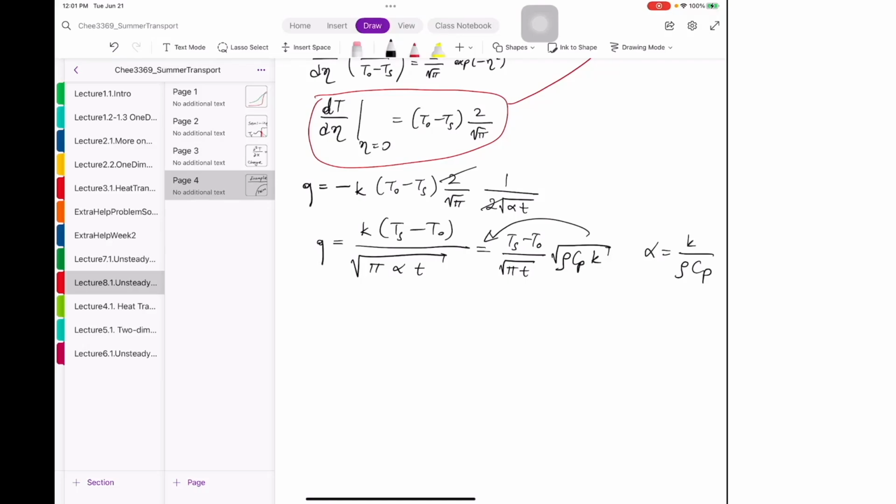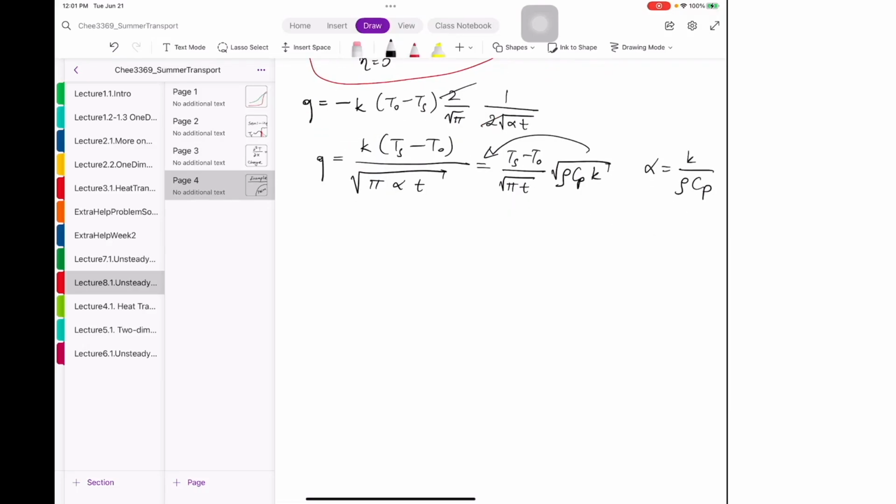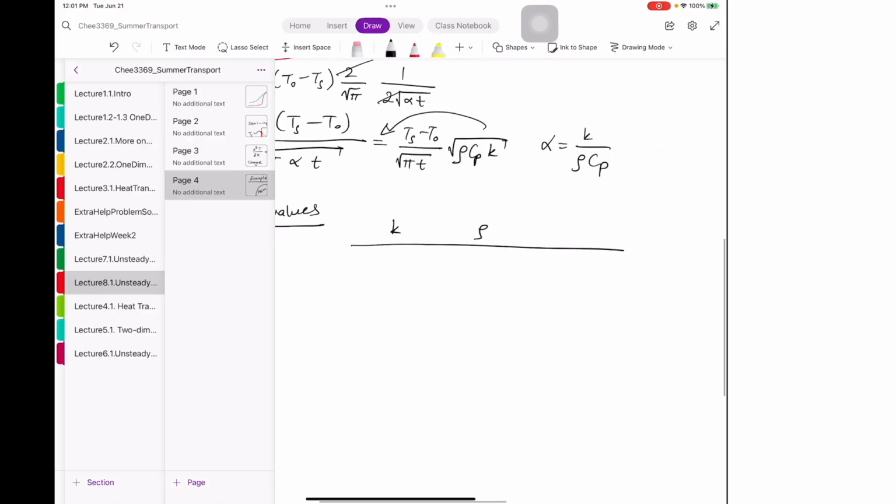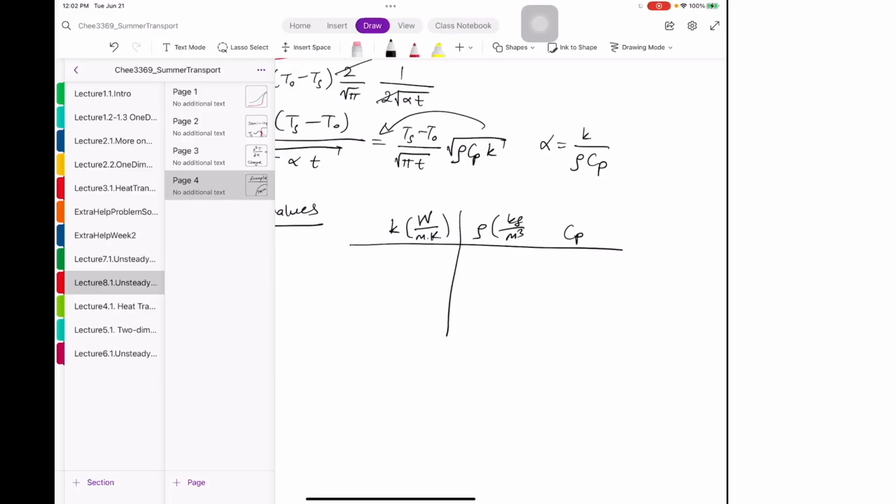So let's see which one is larger for which material. So typical values of rho, Cp, and k. k is in watts per meter Kelvin, rho is kilogram per meter cubed, and Cp is joules per gram centigrade.